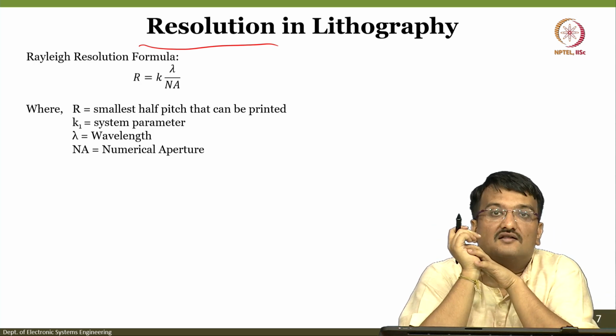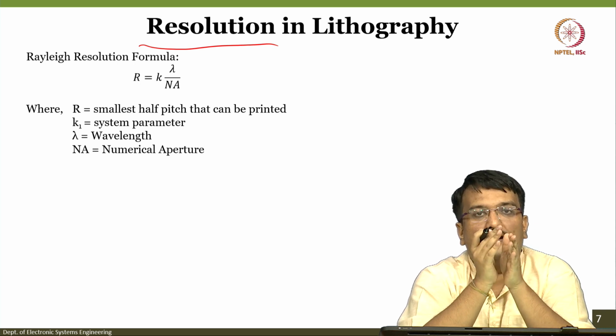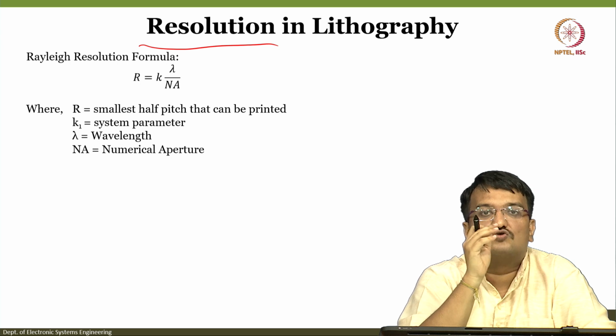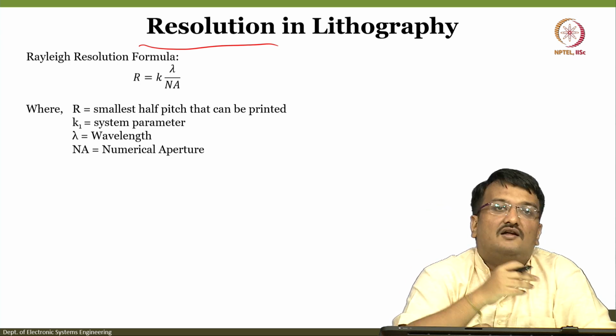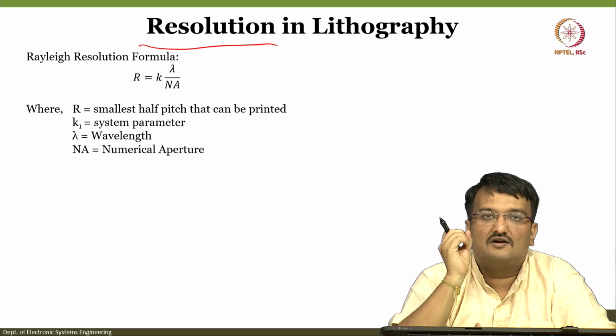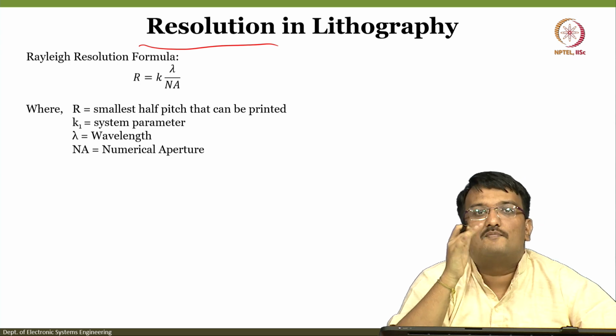Lambda is your wavelength. Of course, whatever you are doing, you are already identifying what optical source you are using. It can be a laser, it can be an excimer laser, it can be any other source. I will show you the spectra in a short while, what lasers are being used and at what nanometer wavelengths. So that wavelength matters a lot.